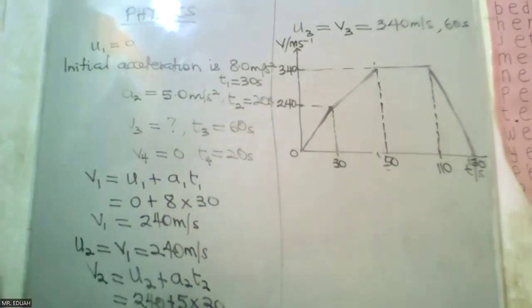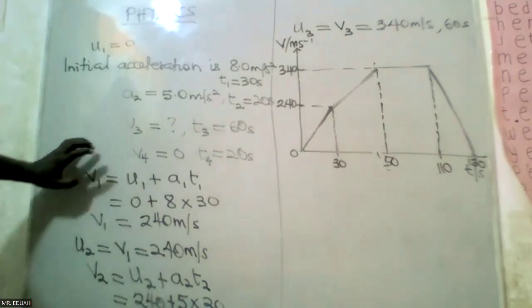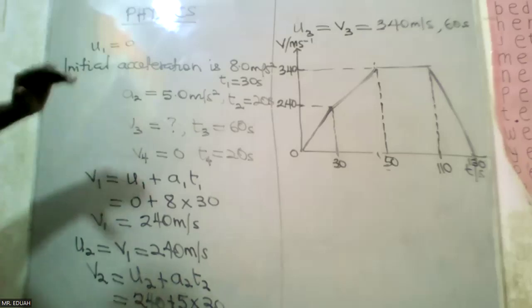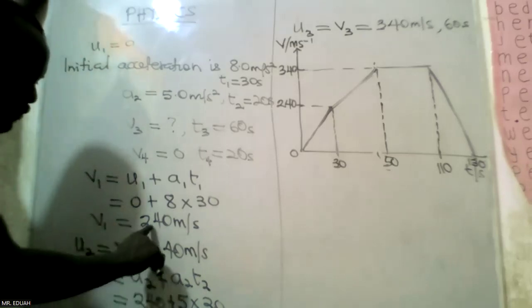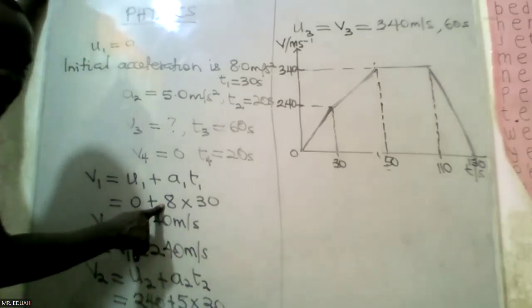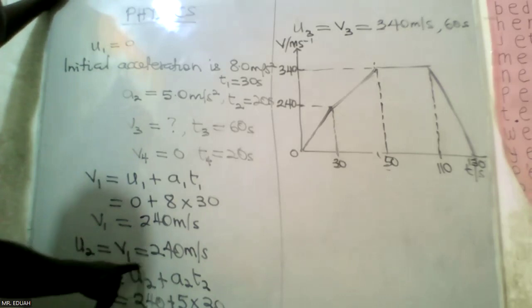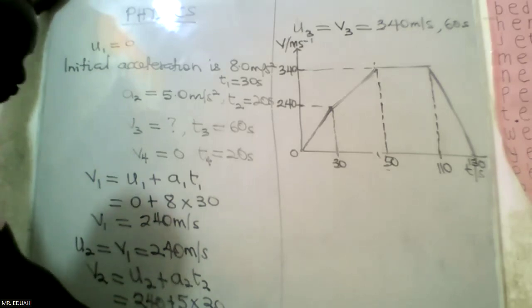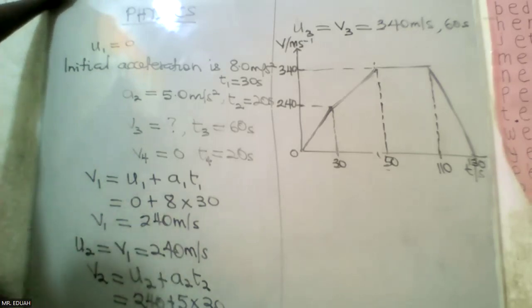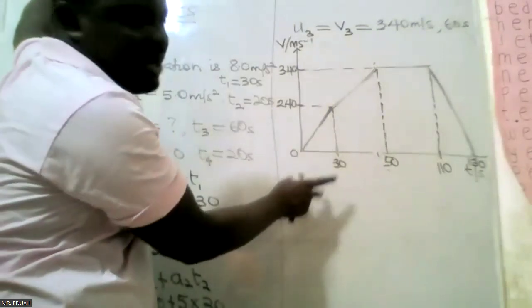Okay, so after calculating for the final velocity at the first part and second part of the motion, we got a final velocity of 240 when the acceleration was 8 meters per second squared. Then when the acceleration was reduced to 5, we got a final speed of 340. And we have to sketch a velocity time graph. So here we are looking at the velocity of the body within every time interval.